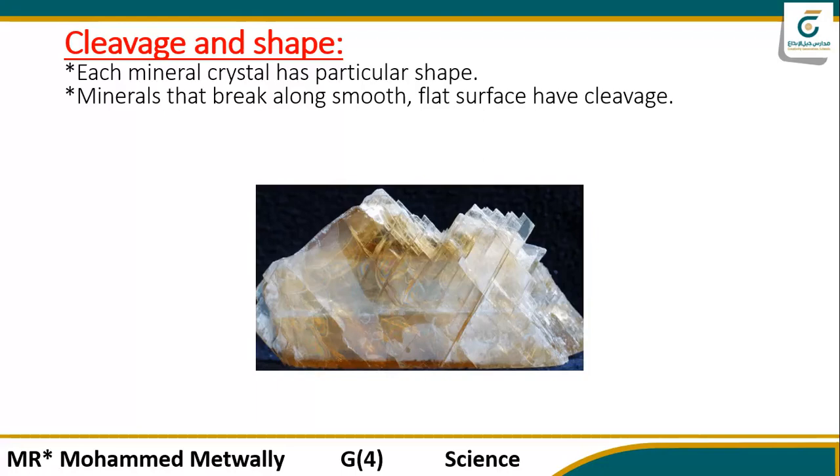Another property here of a mineral is cleavage and shape. I think you will understand it easily because, for example, we are humans and we have different shapes. That's right. Minerals also have different shapes, and they have the property of cleavage.